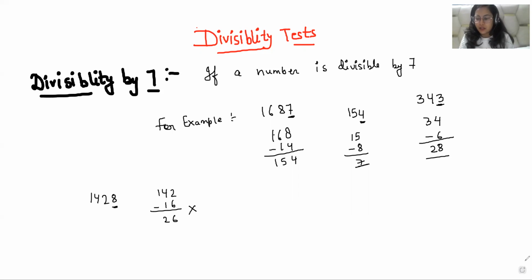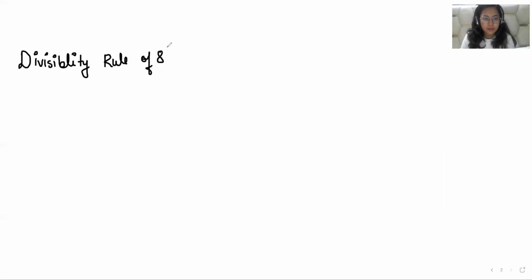Now comes the next rule, that is the divisibility rule of 8. So what's the condition for the divisibility rule of 8?